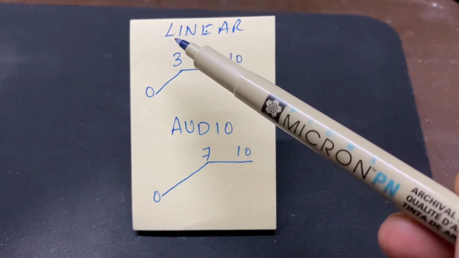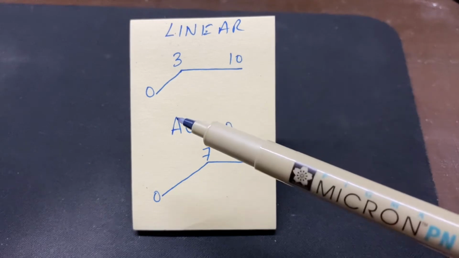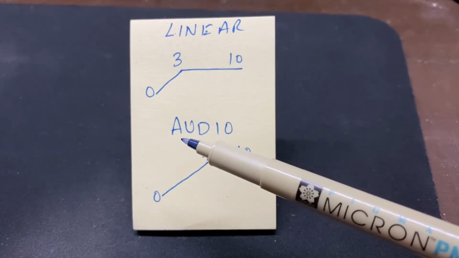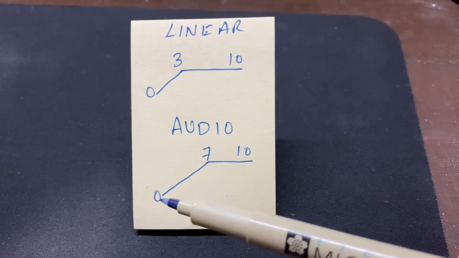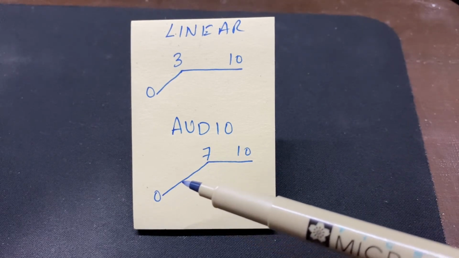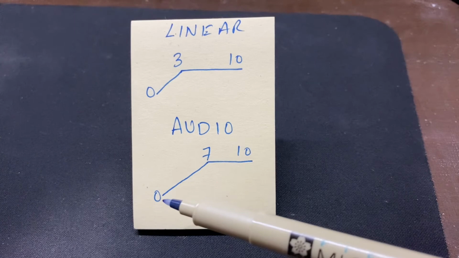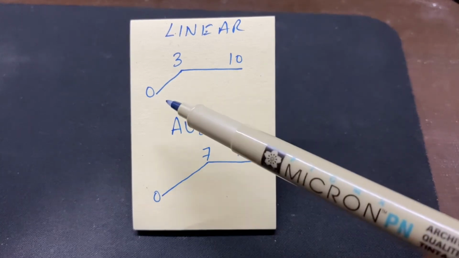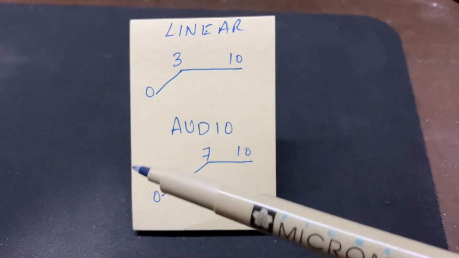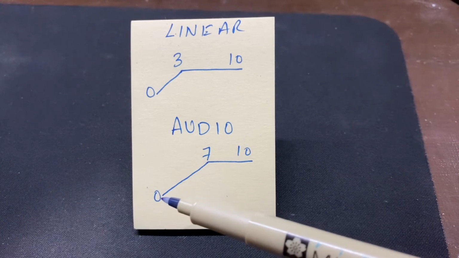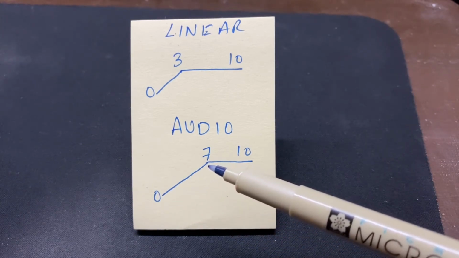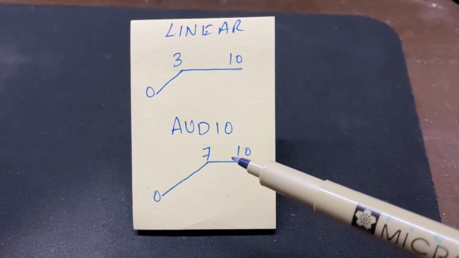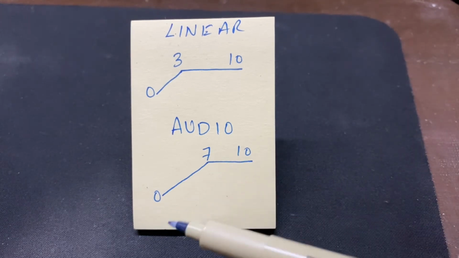That's because it had a linear volume control. If you had the same amp with an audio pot in it, it would not just jump in volume between 0 and 2. It would increase gradually between 0 and 7, or maybe even 8, depending on the quality of the potentiometer, and then even out till 10.